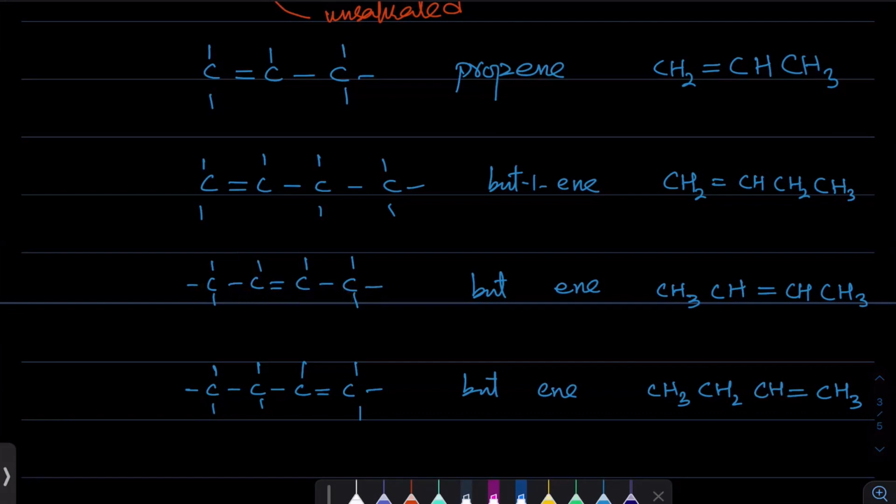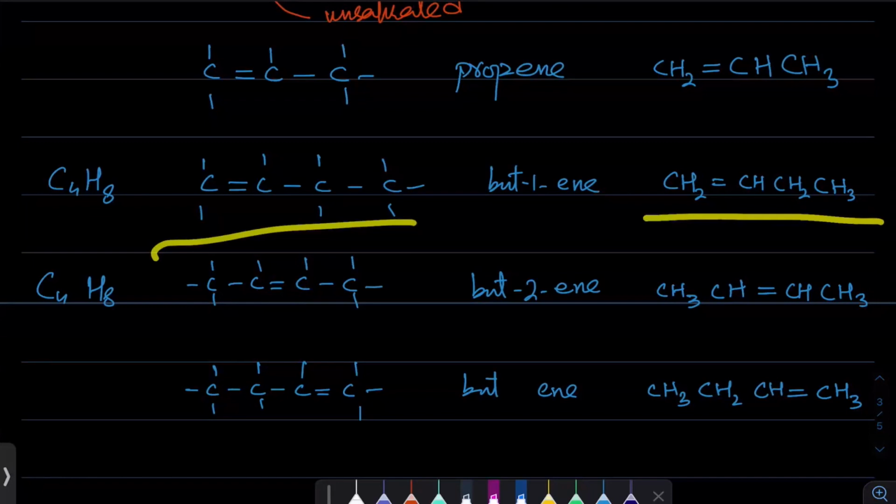So it's a second one. Similarly, अगर मैं यहाँ से start करता हूँ 1, 2, 3, 4. So even then it's on the second carbon. So this is but-2-ene. And these two are isomers of each other. इन दोनों में अगर मैं इनका फॉर्मूला देखूं तो C4H8 होगा इन दोनों में. But the structure is different, as you can see here as well as over here.